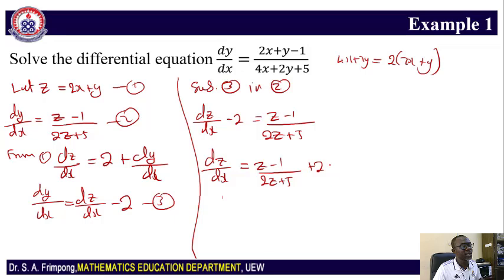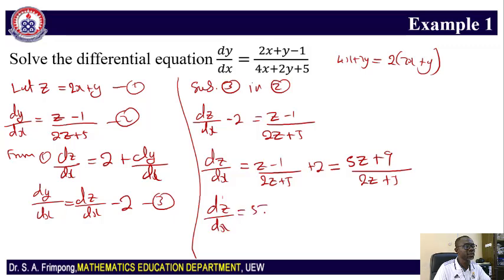And when we solve this side, we have (5z plus 9) all over (2z plus 5). And this equation is separable. That is, dz/dx equals (5z plus 9) over (2z plus 5).